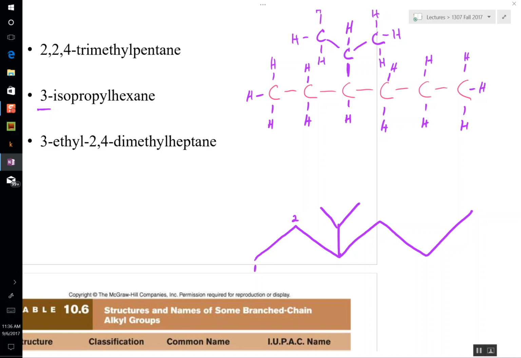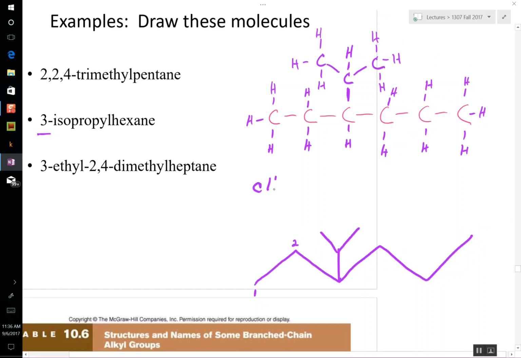Okay, so, all right, let's just do the condensed formula real quickly. So we've got a CH3 here. We've got a CH2. We've got a CH. And so isopropyl, we could just say this is a C3H7. This isn't good, because that could be a propyl group. That's a propyl or an isopropyl. So how do we distinguish an isopropyl from a propyl in a condensed formula?